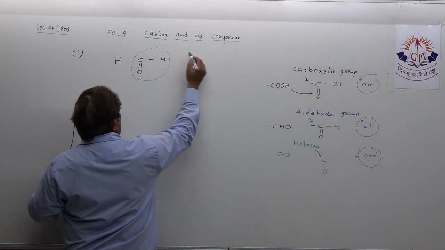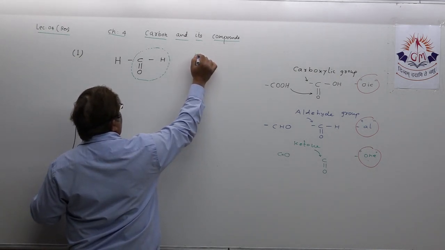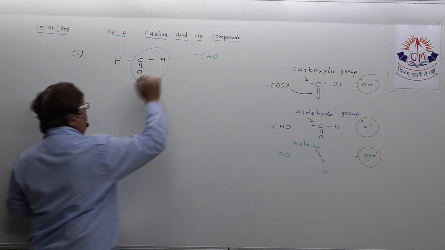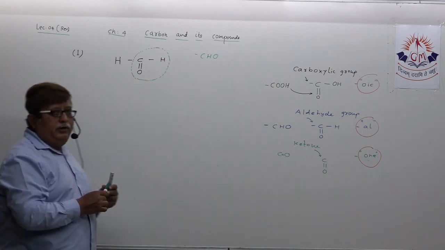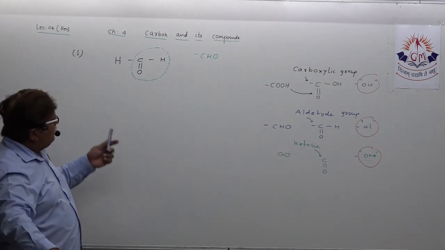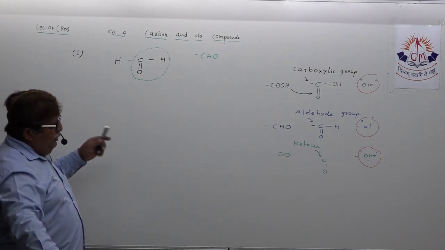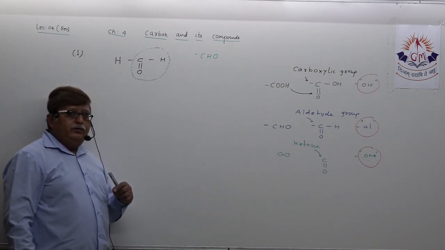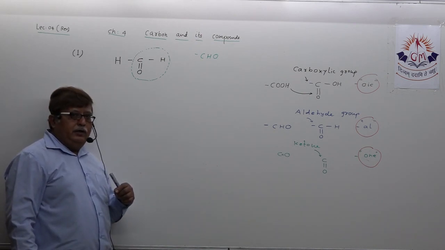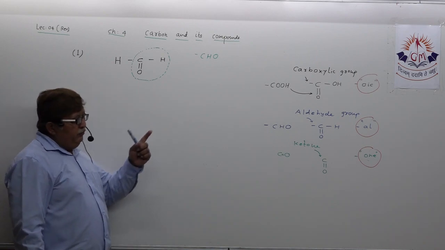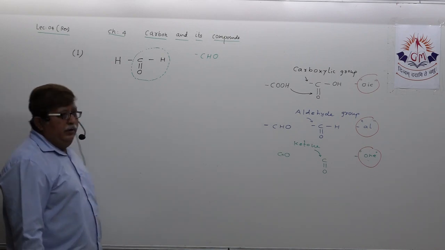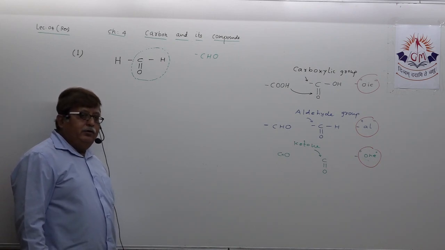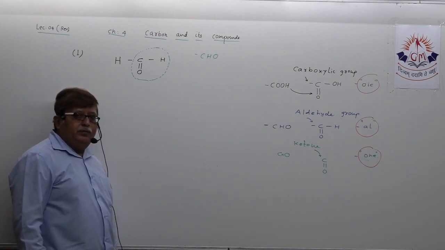Normally we write it as CHO, as you know, but in structure it looks like this. CHO shows the presence of the aldehyde group. So the suffix has to be al, that is final. Now dear student, it's very important.